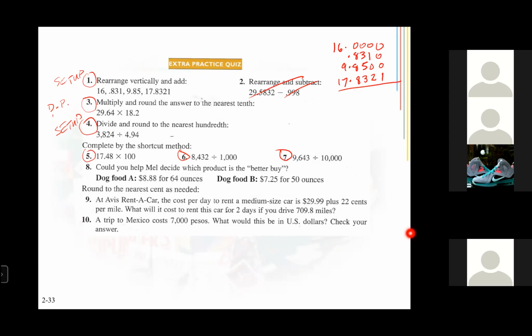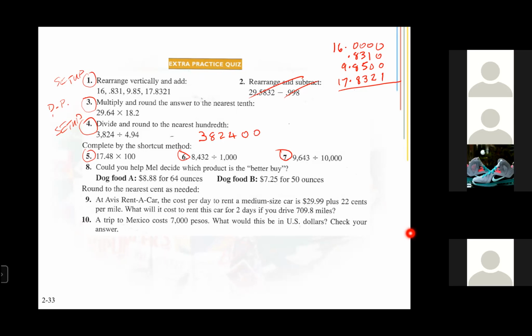494. Well, 3824.00 is the same as 3824. Yeah, that's true. You're right. Divided by 494. So what are you going to do with that 3824?